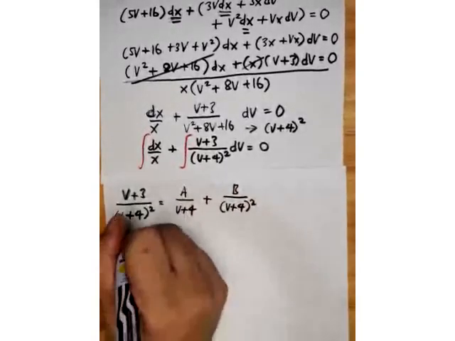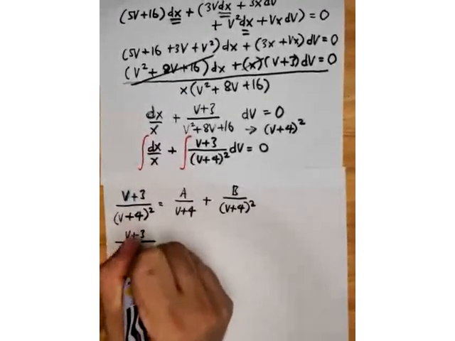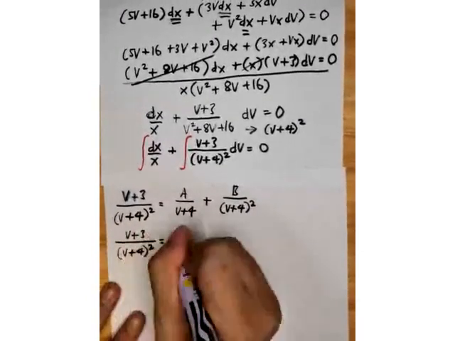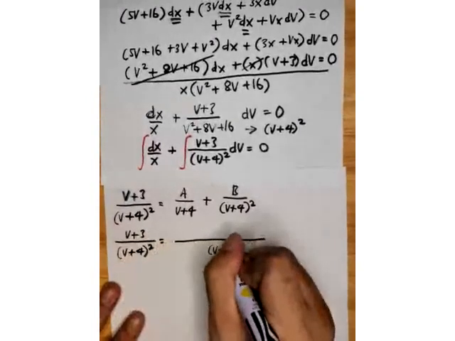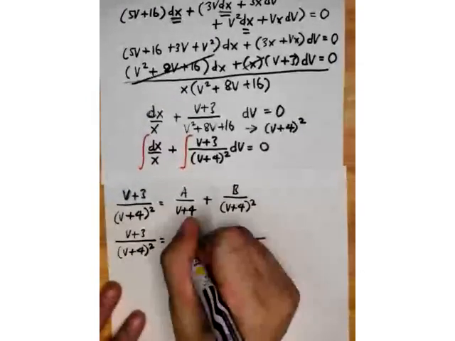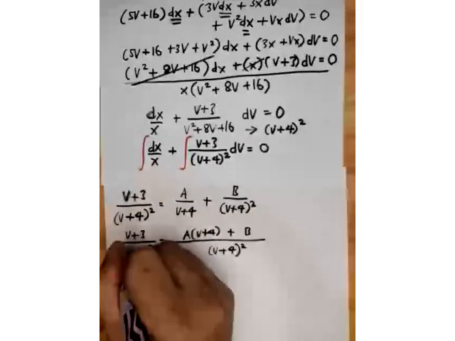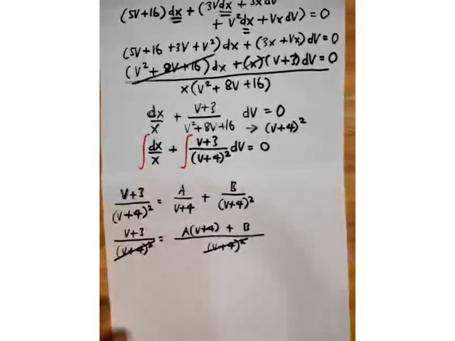Ayan. And then we add them again. So v plus 3 over v plus 4 squared is equal to, LCD is also v plus 4 squared. Divide this, that's a times v plus 4 plus b. And then cancel the denominator.